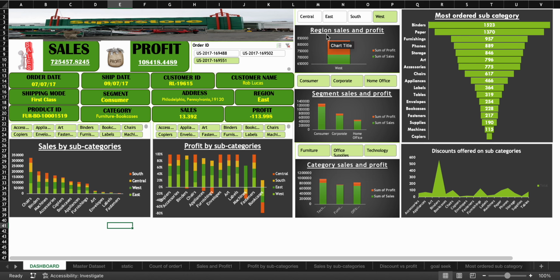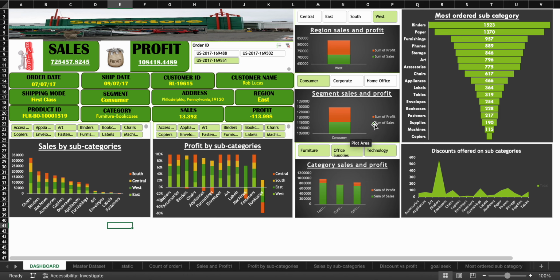So here I've taken the region according to sales and profit. This will also change along with the sales and profit. You can see this graph and the sales and profit amounts together for that particular region, south and west. Okay. The second thing I've done is with segment, like in this consumer segment, how much is the sales and profit.